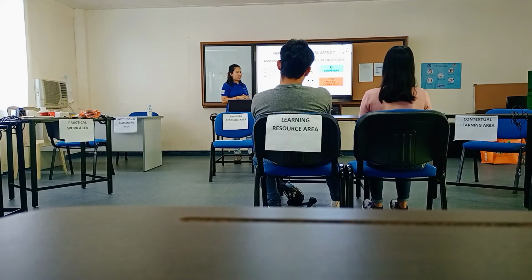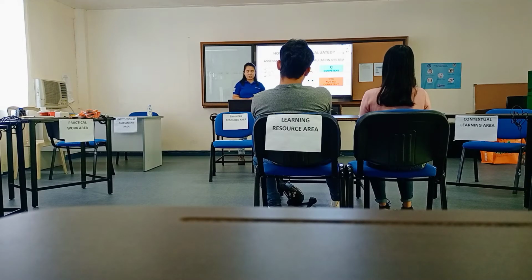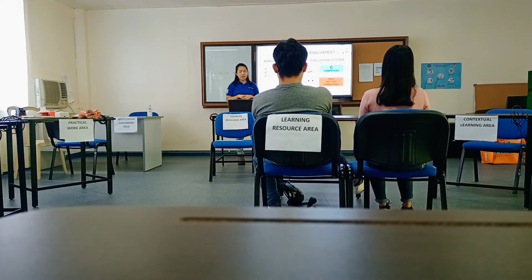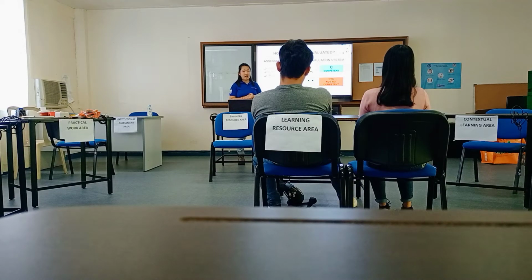Okay, let us proceed to how you will be evaluated. We will use the assessment methods: written examination, demonstration, and oral questioning. In our evaluation system, we use C, which stands for competent. So when you meet the standard requirements of the specific unit of competency, you will receive the C. Okay?